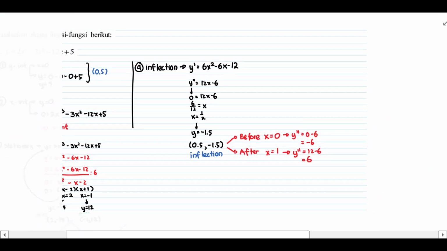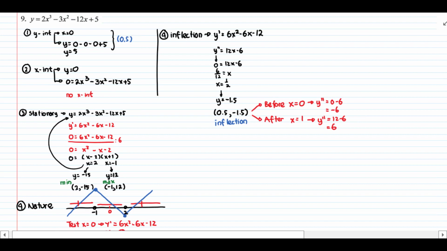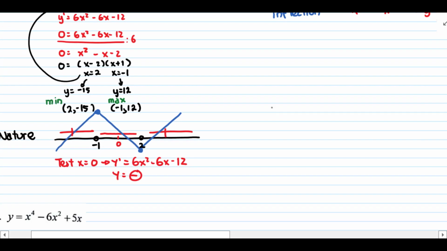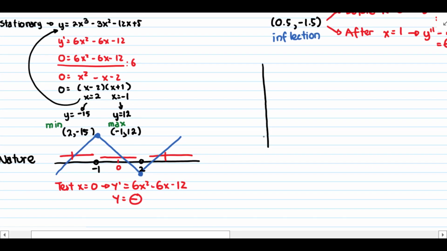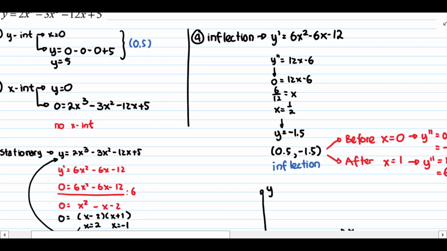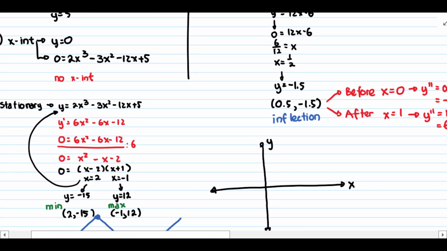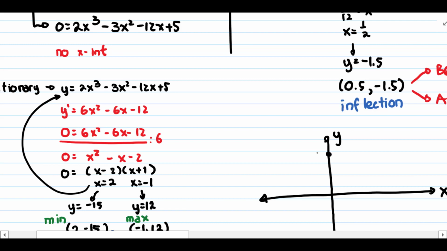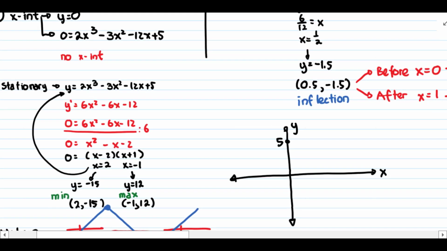Okay, after we got the inflection point, we are ready to sketch. To sketch, you have to prepare the y-axis and the x-axis like this, and put all of the points that we already got. (0, 5) is right here. Oh, no, we need 12.